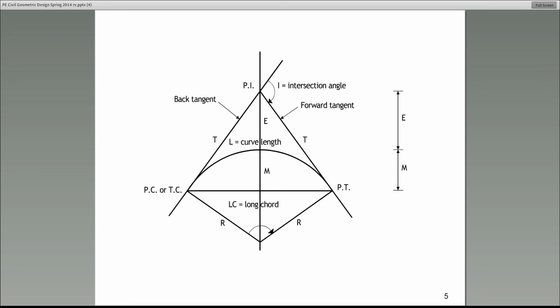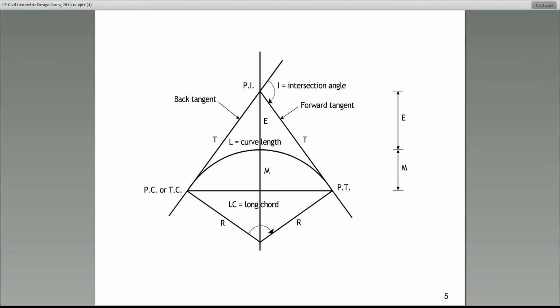What they will do is give you 2 or possibly 3 of these different components represented by different nomenclature, and then they ask you to find the other variables. All right? So we need to understand what each of these letters represents.